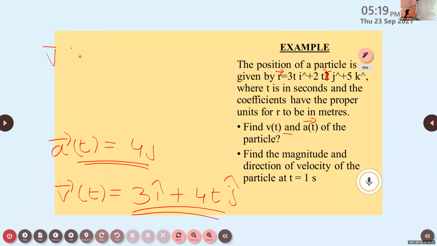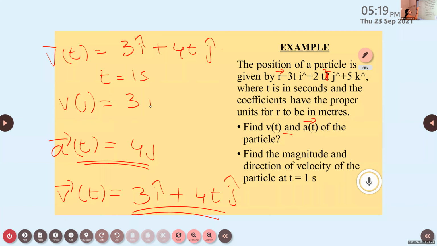So here velocity vector v of t is equal to 3i cap plus 4t j cap. Find the magnitude and direction of velocity of the particle at t equal to 1 second. That is v of 1 equal to 3i cap plus 4 into 1 j cap, that is 3i cap plus 4 j cap.